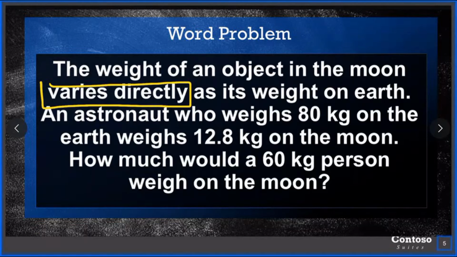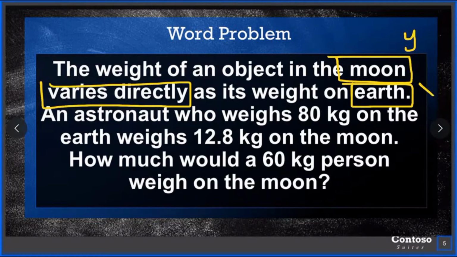In this word problem, letter y is the weight of an object on the moon. After varies directly, we are talking about weight on the earth. Therefore, that is our x quantity.